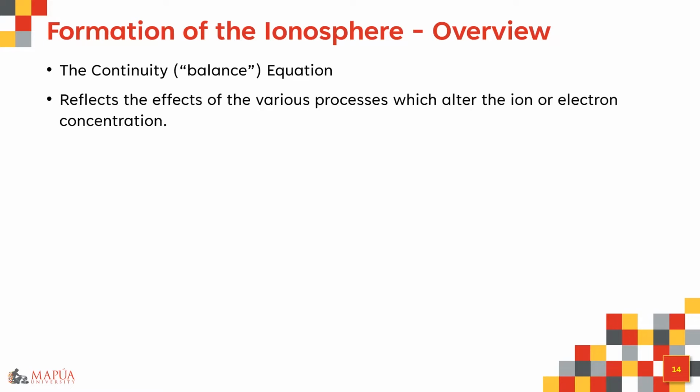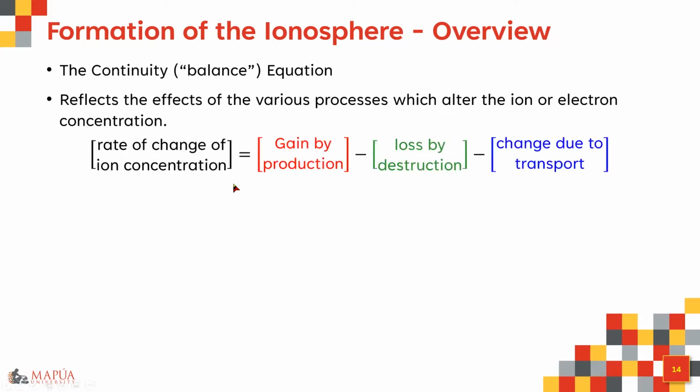Okay, so the continuity equation basically reflects the effects of various processes that form your plasma concentration. So the rate of change of your ion concentration is related to these three processes.